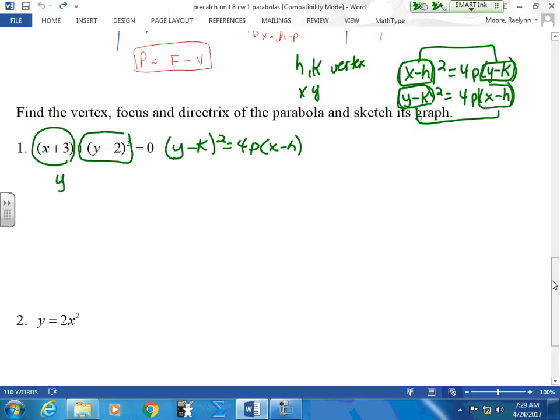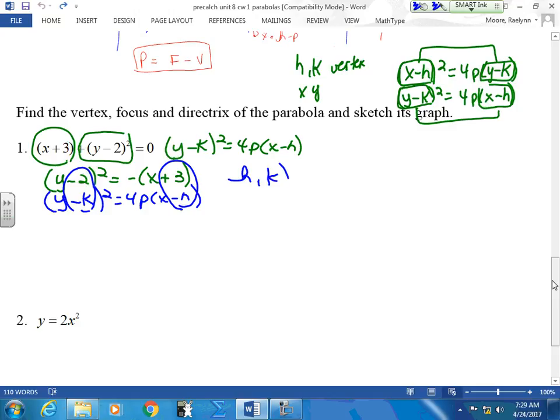So it's going to look like this. Agree? Okay. Now, my equation says this. So I'm going to take out my h and k because I can.